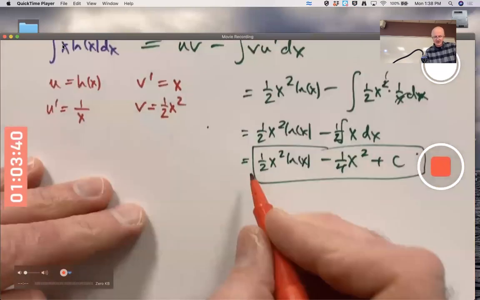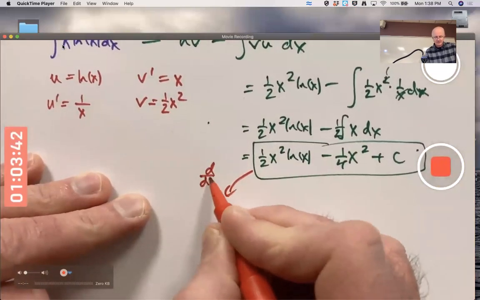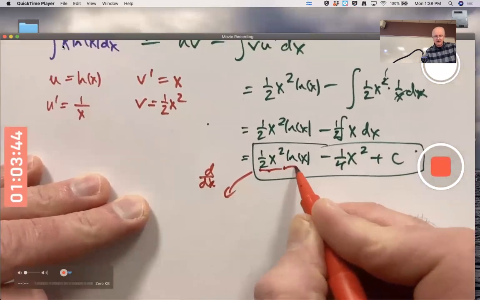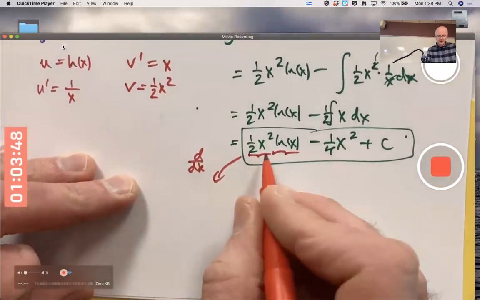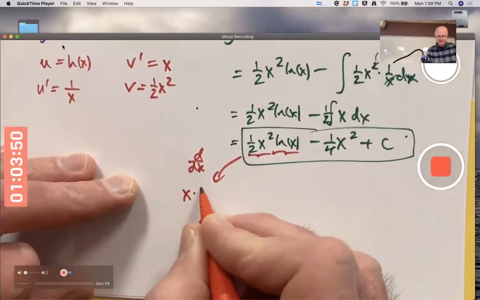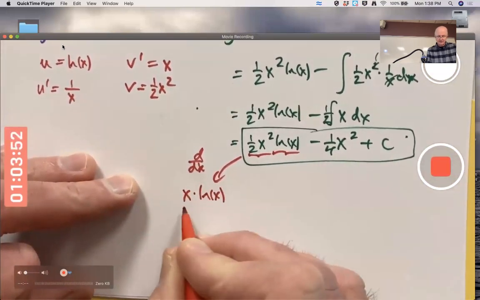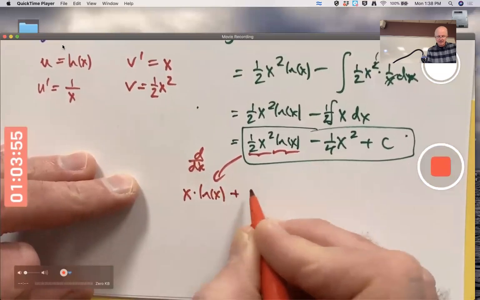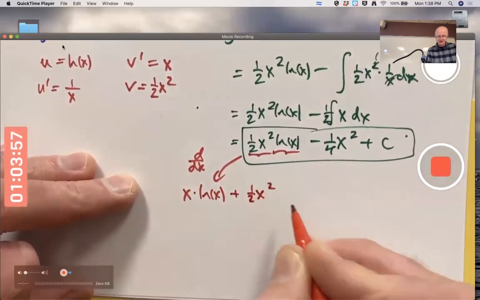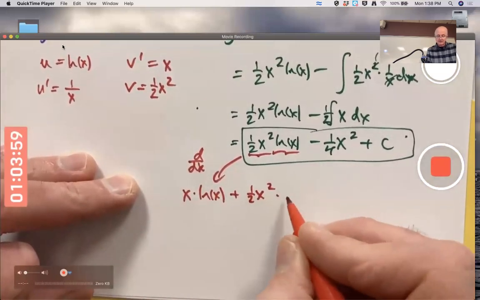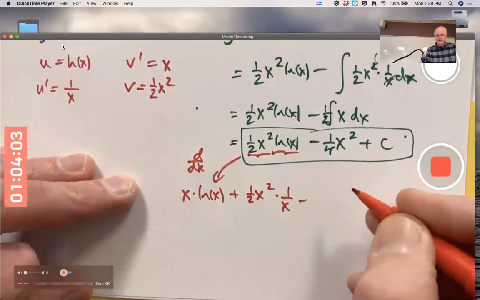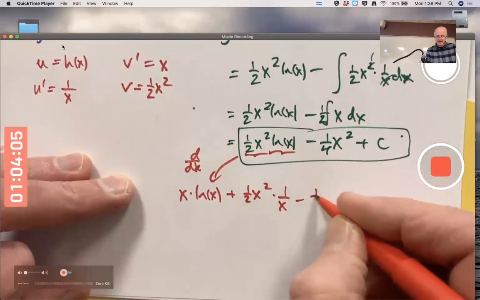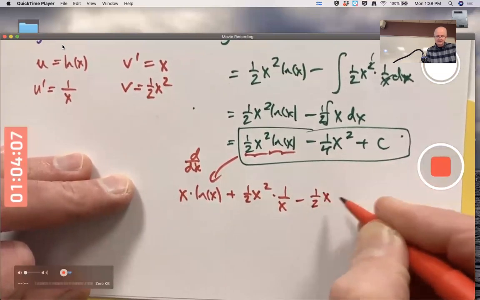Check it by differentiation. Once again, for the first term, we have a product. We need the product rule. The derivative of 1/2 x squared is just x. So there's the derivative of the first times the second, plus the first function, 1/2 x squared, times the derivative of the second, which is 1 over x, minus the derivative of 1/4 x squared, which is minus 1/2 x.